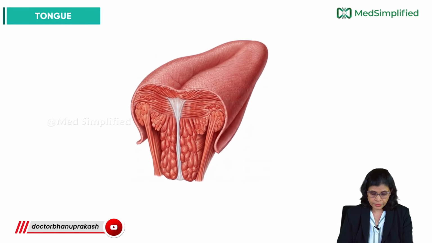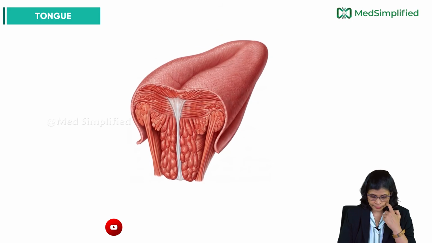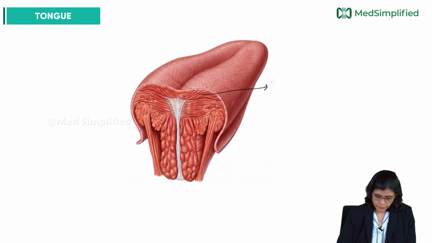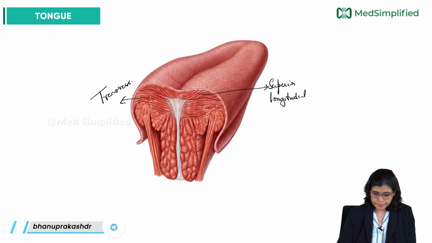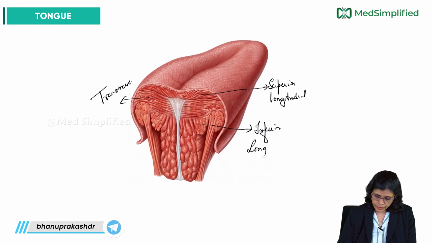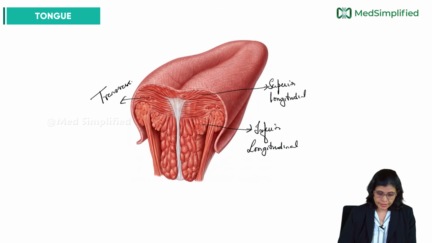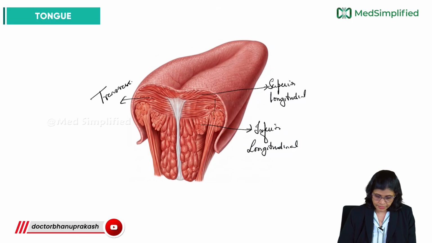Coming to the intrinsic muscles of the tongue, we have the superior longitudinal, the transverse, the inferior longitudinal, and then the vertical muscles, which run vertically like this.